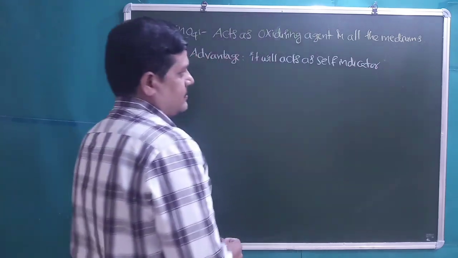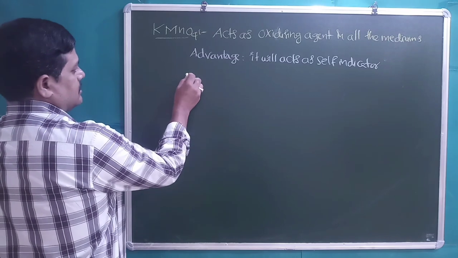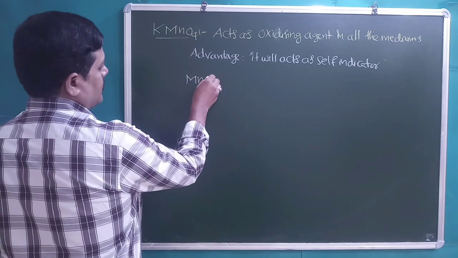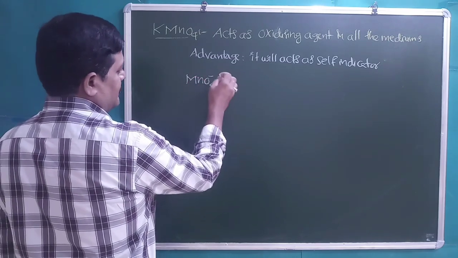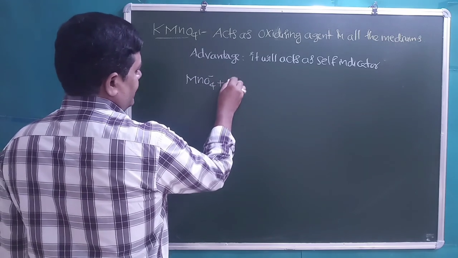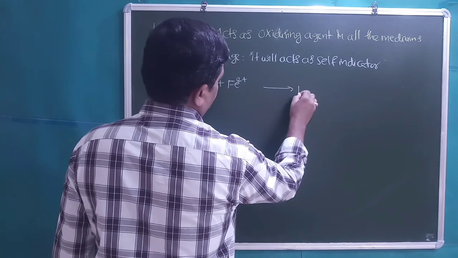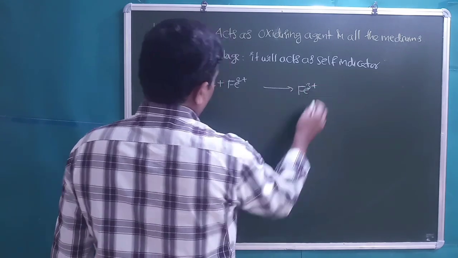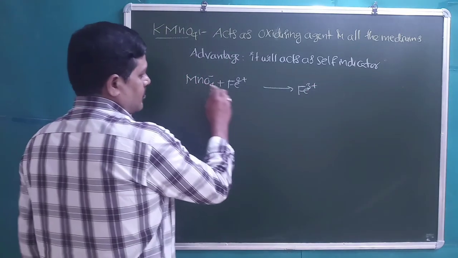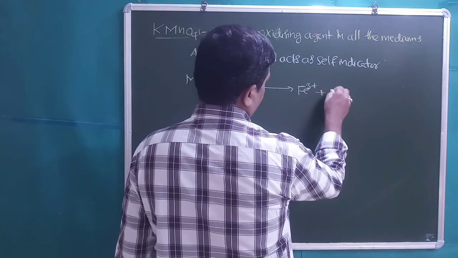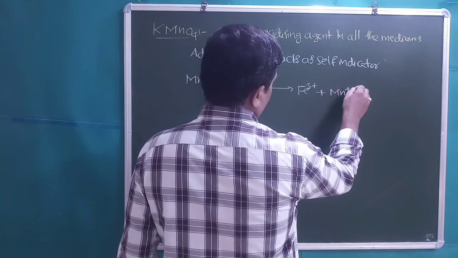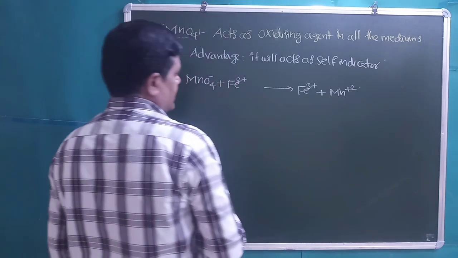Let us take one example for this. MnO4 minus in the acidic medium will oxidize Fe2 plus into Fe3 plus. Meanwhile, MnO4 minus is reduced into Mn2 plus.